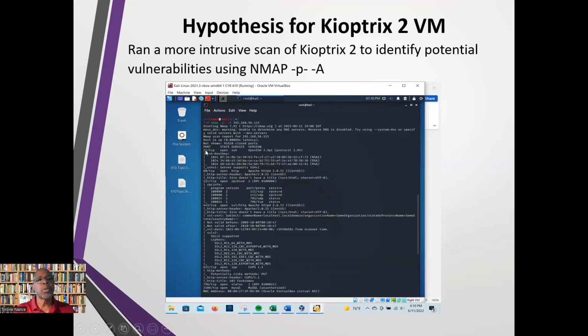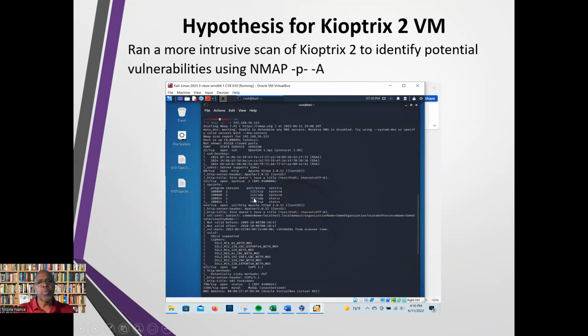For example, port 22, you see OpenSSH version 3.9, that could be vulnerable. You see port 80, you have Apache HTTP version 2.0.52, that could be a vulnerability. Port 443, you see Apache running version 2.0.52, that potentially could be vulnerable as well. And then finally on this screen, port 631 is running CUPS 1.1.